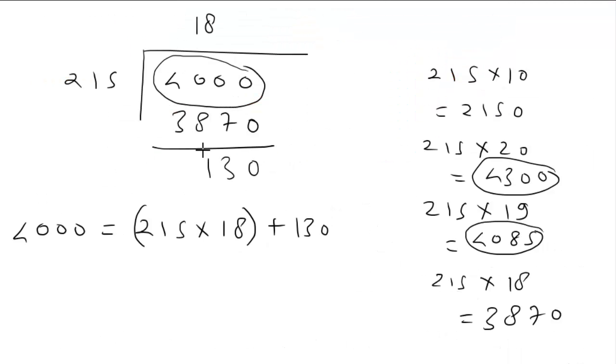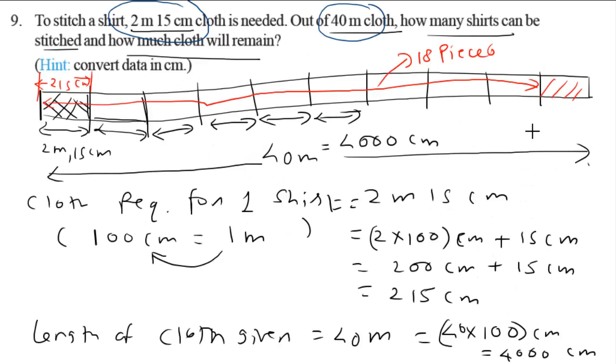The remaining cloth will be 130 centimeter, because every calculation is in centimeter. So 18 shirts are stitched, and 130 centimeter of cloth will remain.